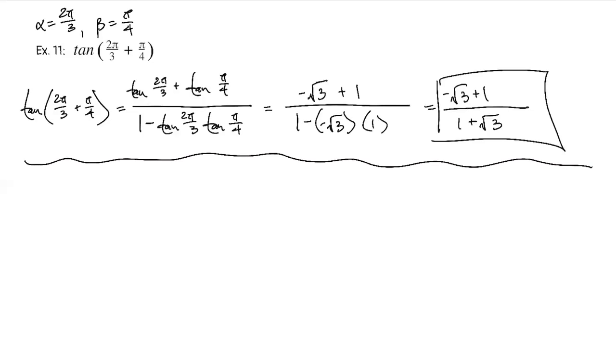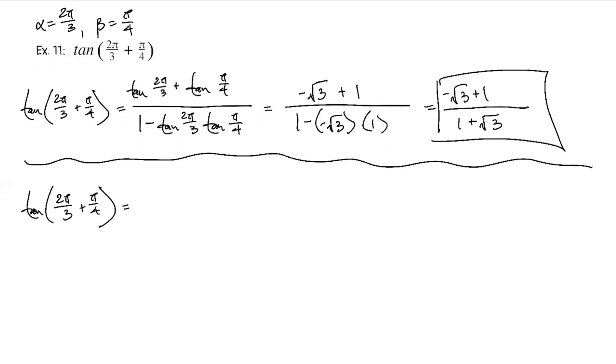So let's say you're like, I really don't feel good about finding tangent on the unit circle. Well, we've got another formula for you to try, okay? So let's try that other formula. Now our answers are not going to look exactly the same, but if we type them into the calculator, they will be equivalent in terms of decimals, okay?